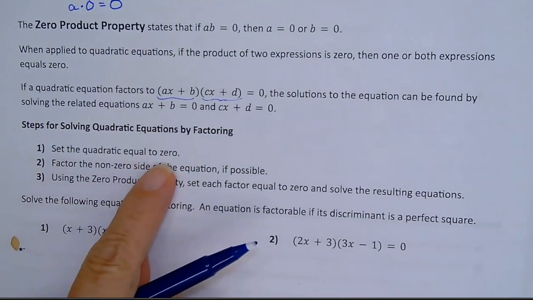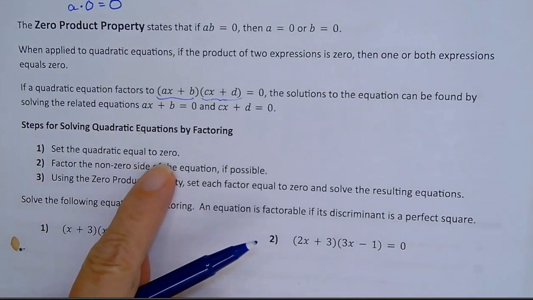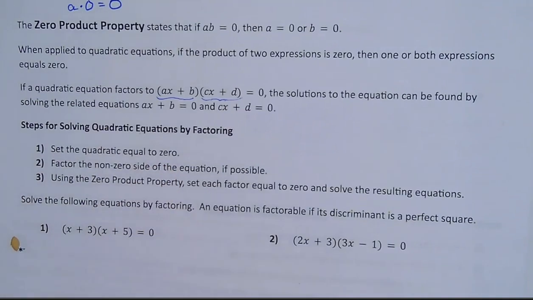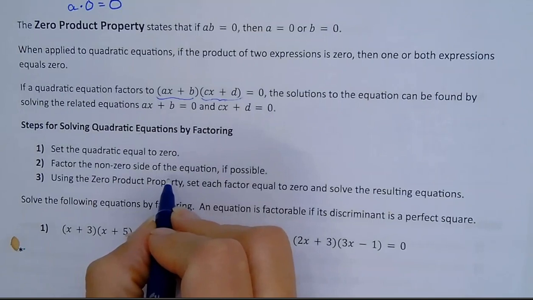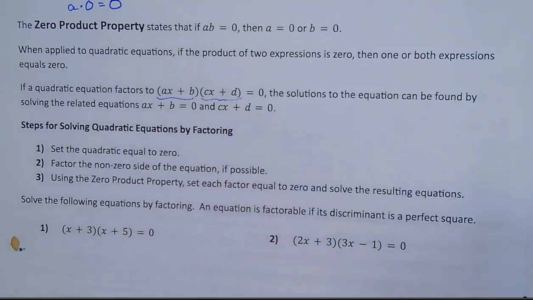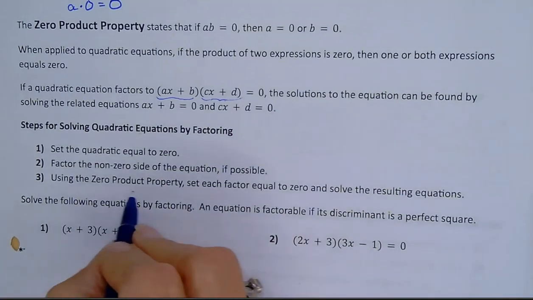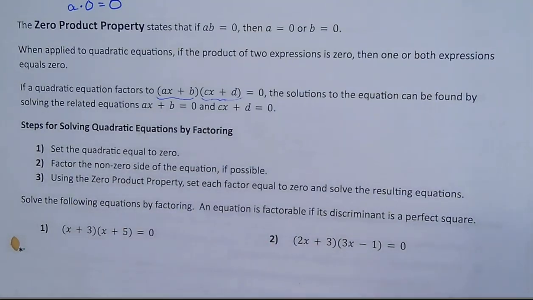We're going to set our quadratic function equal to 0. Then we're going to factor the non-zero side, probably a trinomial, if we can. Then we're going to use the zero product property and set each factor equal to 0, because one or the other must be 0. When we do that, we are possibly going to end up with two solutions, depending on how things factor out.